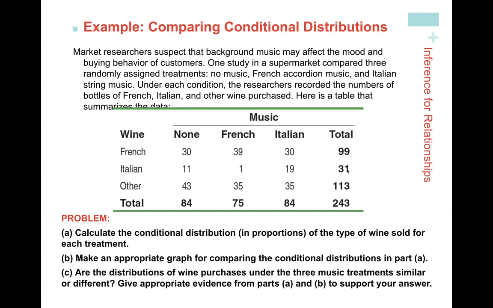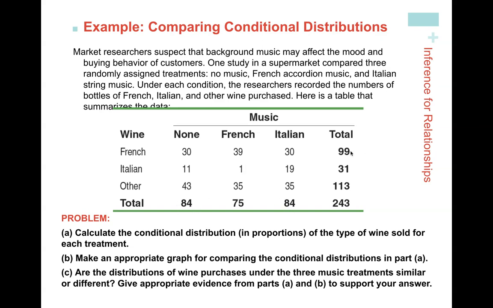Then do the same thing for Italian and the same thing for others. So 31 out of 243 was Italian wines that were sold, and 113 out of 243. So you're getting these row marginal distributions of the row variable. And now you're applying this 40.7% to the column totals.